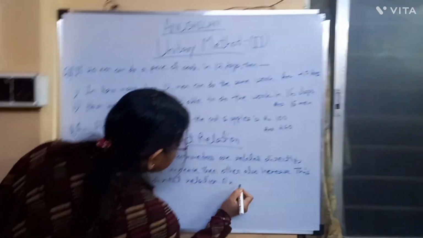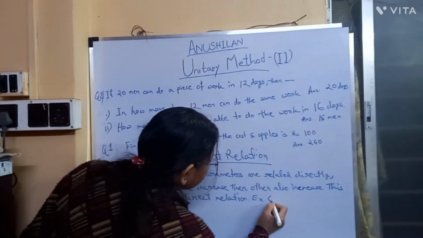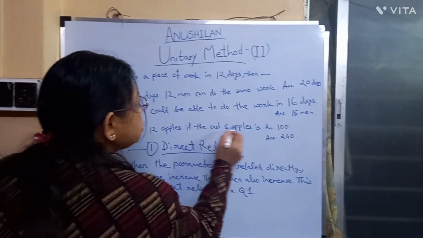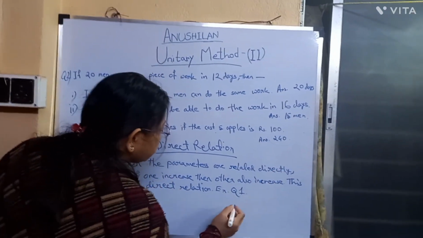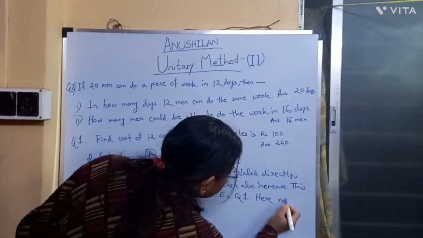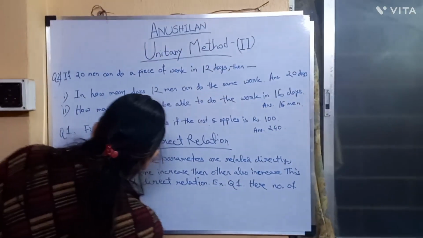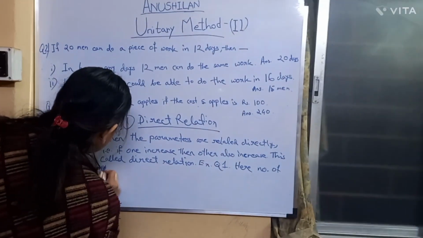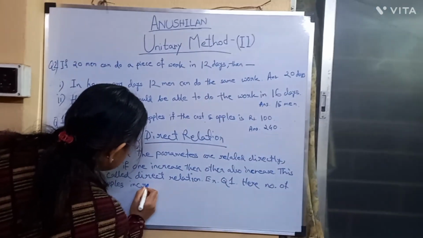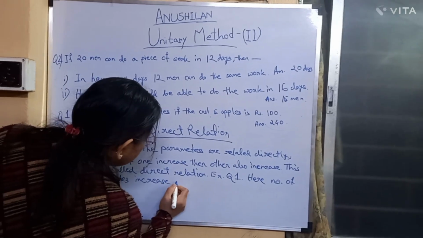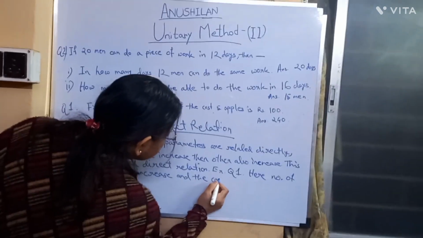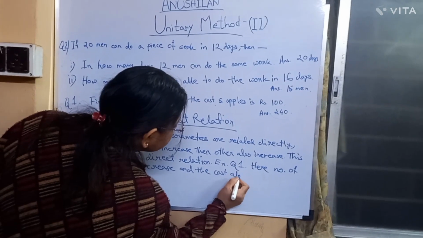Example here, question number 1: the number of apples increases and the cost also increases.